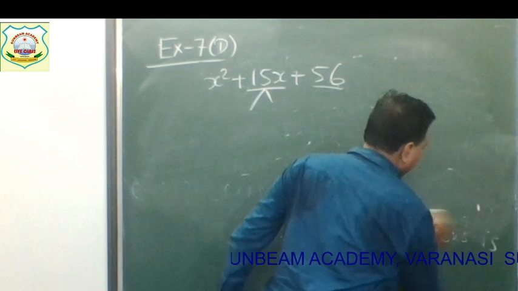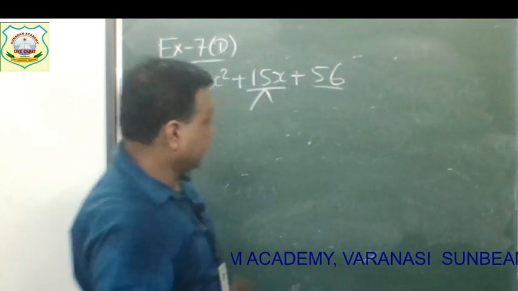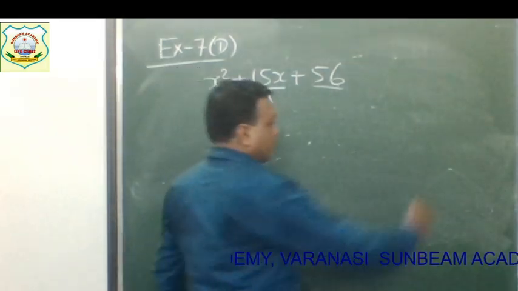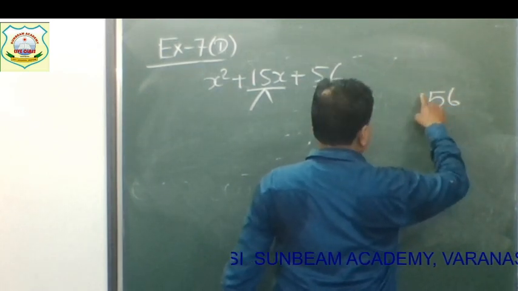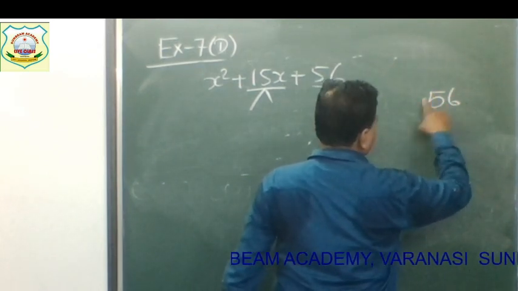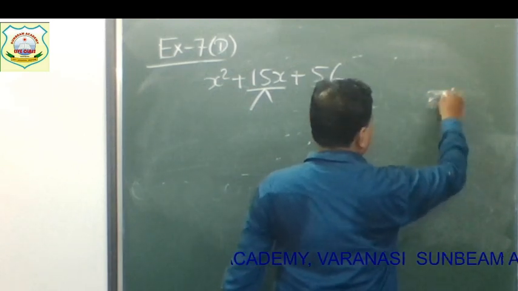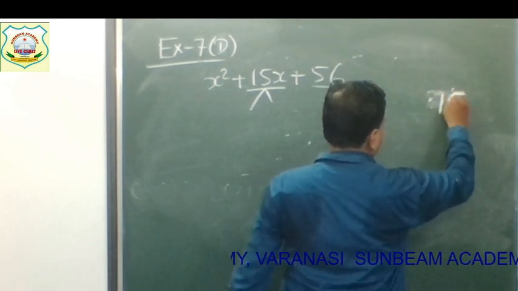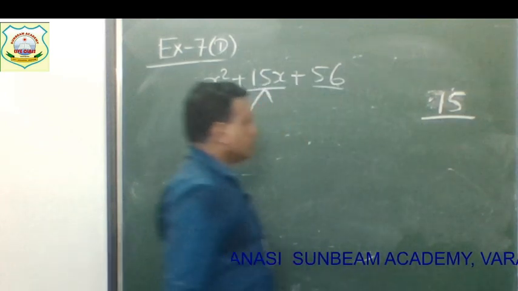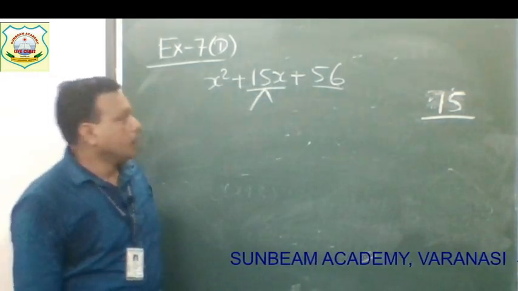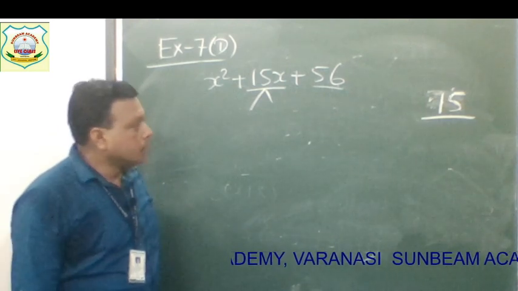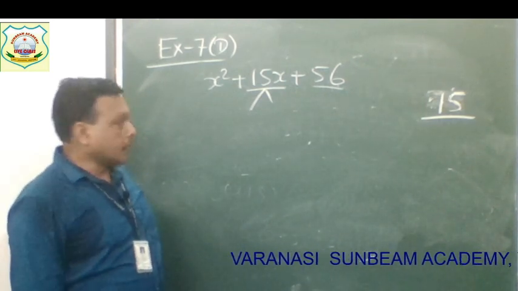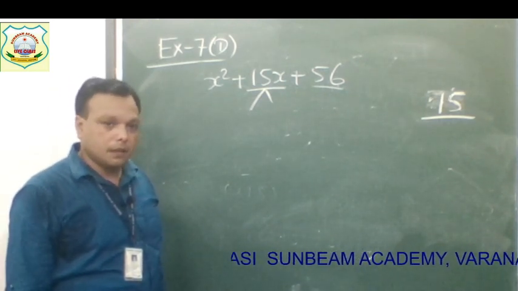Students, just think, in which table do we get 56? First of all, see 15. So see 56, in which table? 56 is 8 into 7, 8 sevens are 56, and 8 plus 7 is 15.